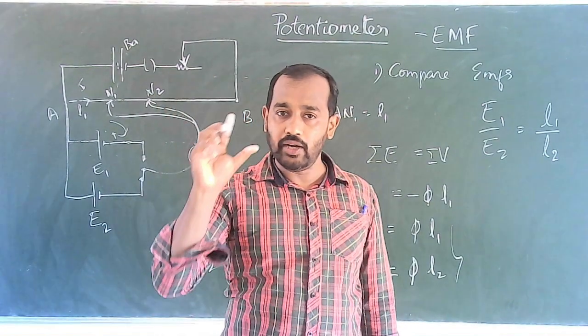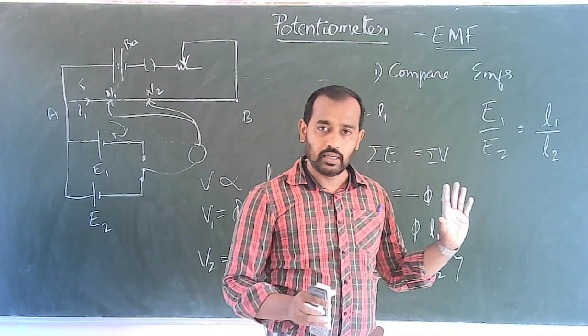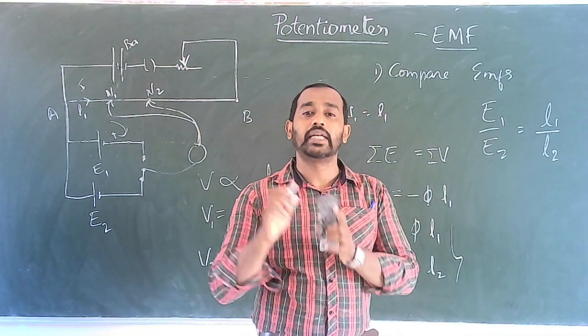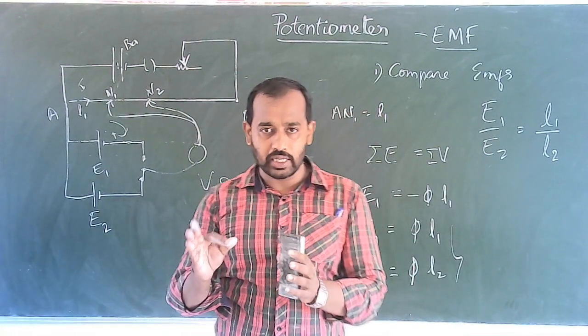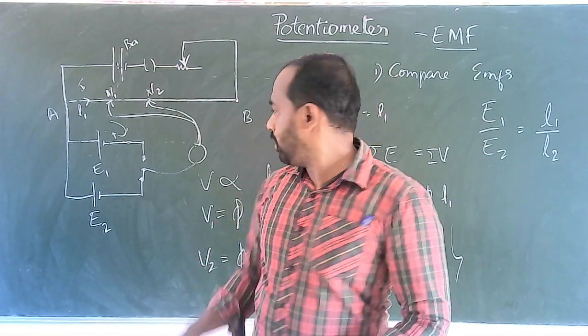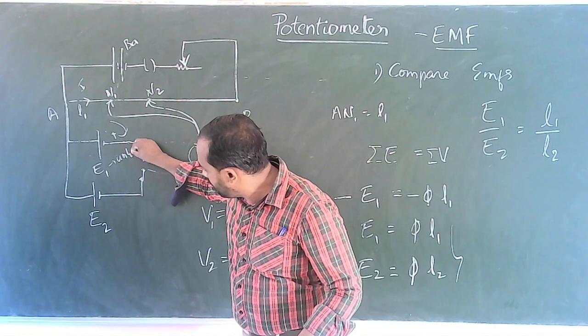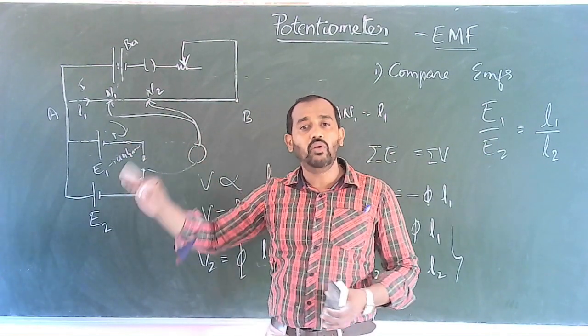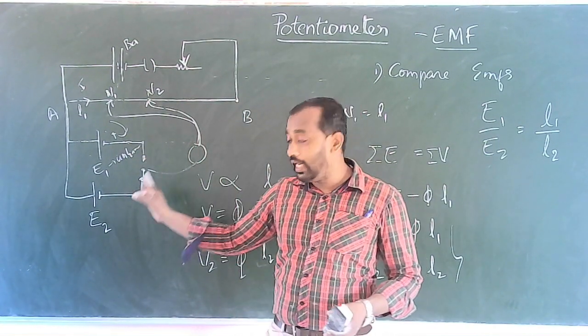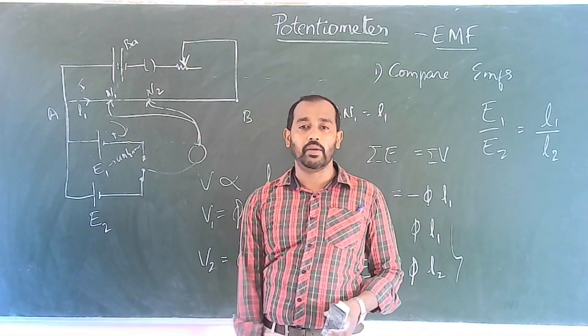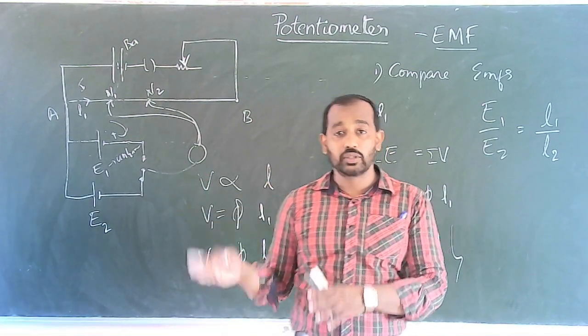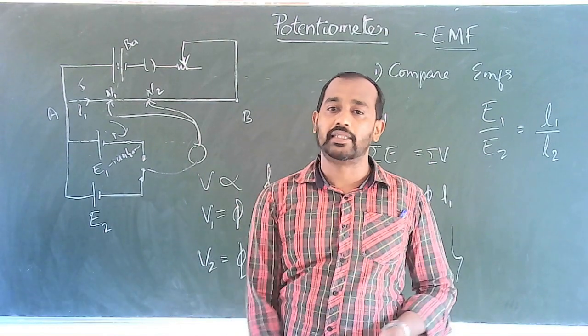If we know the value of the EMF of one of the cells, the standard cell, which is treated as the standard cell. If you need to find out the EMF of an unknown cell, let it be represented as E1. If this is unknown, then the other one should be known to us. It should be delivering the standard value of the EMF, like you can use the Leclanché cell or Daniell cell.